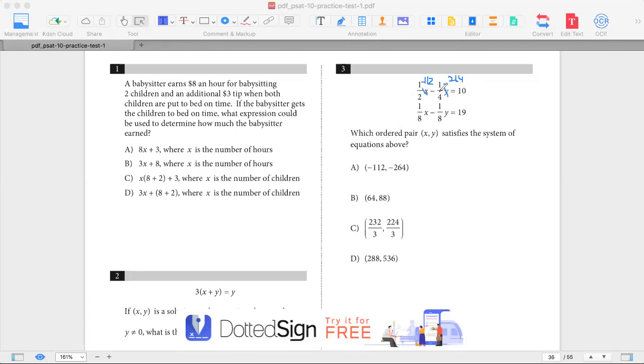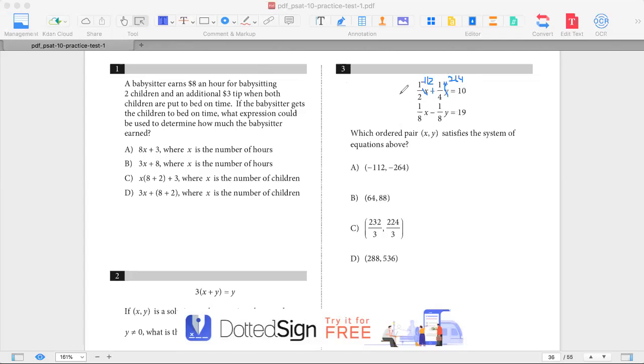And since I have here negative and negative, this is going to be positive and this one will be cancelled. So I have here negative 112 over 2. So negative 112 over 2 is equal to 56.